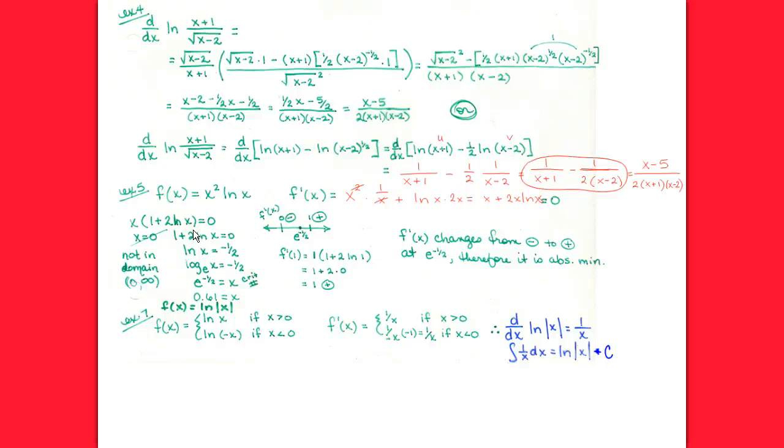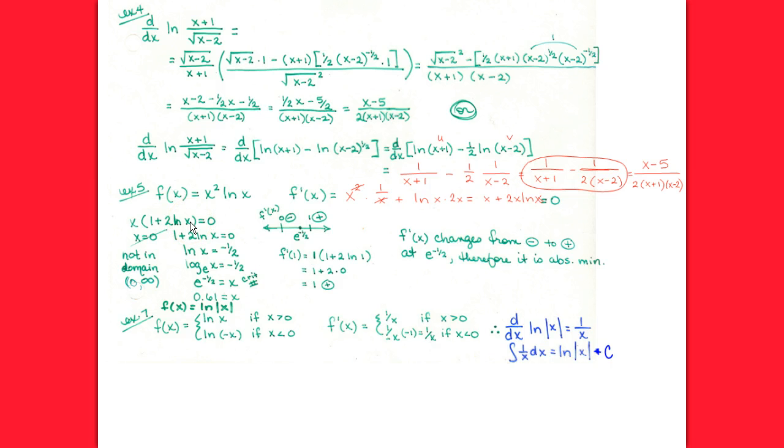So if I set each of my factors equal to 0, I'll get x equals 0, and I'll get 1 plus 2 ln x is equal to 0. Now, x equals 0 isn't possible because remember, when you're working with a logarithm, your domain is x is greater than 0. So if I tried to plug 0 back into this, right here, I would get ln 0, which is undefined. So that's not possible.